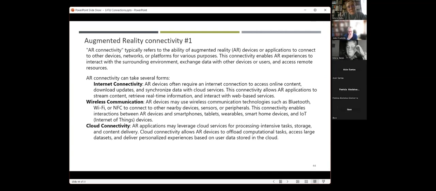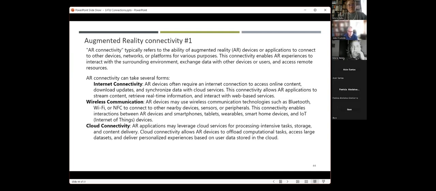But we can talk about connectivity. AR needs connectivity, some with internet, that is obvious to everyone. Wireless, because the equipment that helps AR and VR and other things uses near field communications like Bluetooth.